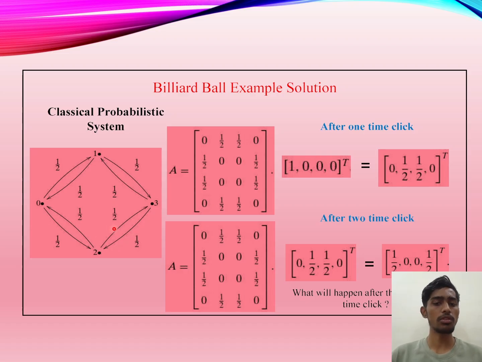First of all, we create an adjacency matrix by which we can get the overall picture. As it is a classical probabilistic system, the probability between particles is given. So the probability of going from 0 to 1 is 1 by 2. In the adjacency matrix, we calculate the probabilities.